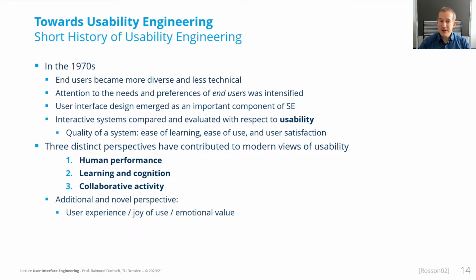But certainly the needs and preferences of end users were more in focus, which of course had to do with the fact that interfaces became more user-oriented and manageable. So it was not just for the few experts who were able to operate a command line interface, but increasingly these interfaces were more widespread and were used by more people because the number of computers also increased.